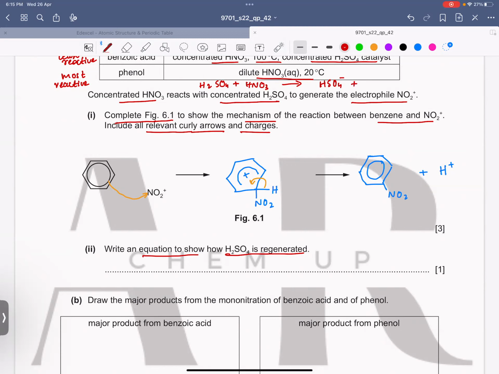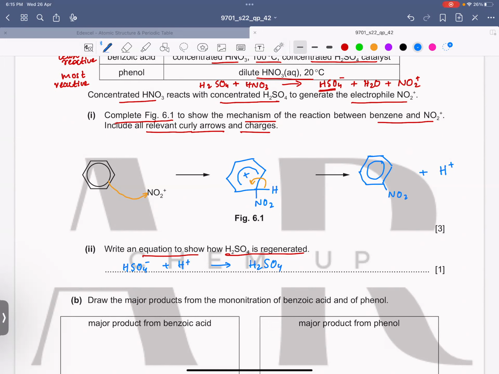The water is formed because from HNO3, OH negative is released, which is joined by the H positive released by the sulfuric acid, and we get NO2 positive over here. So during this reaction, sulfuric acid turns into HSO4 negative. Now the regeneration equation would be that HSO4 negative again joins with H positive, forming H2SO4. So that would be the equation showing how sulfuric acid is regenerated.